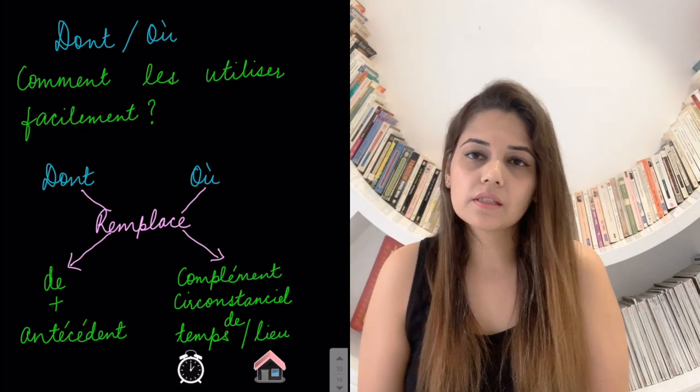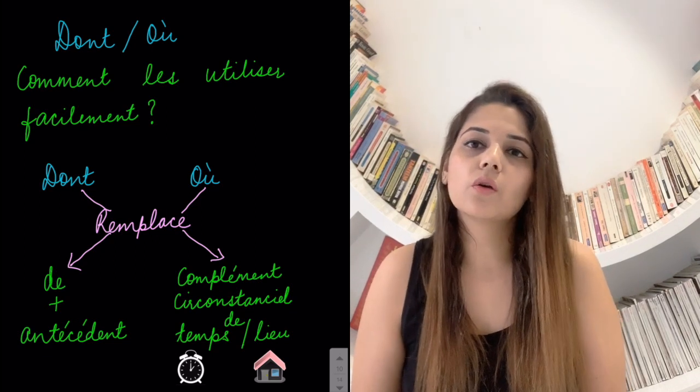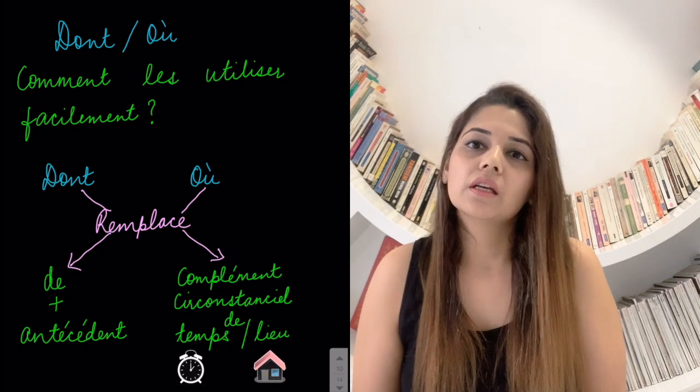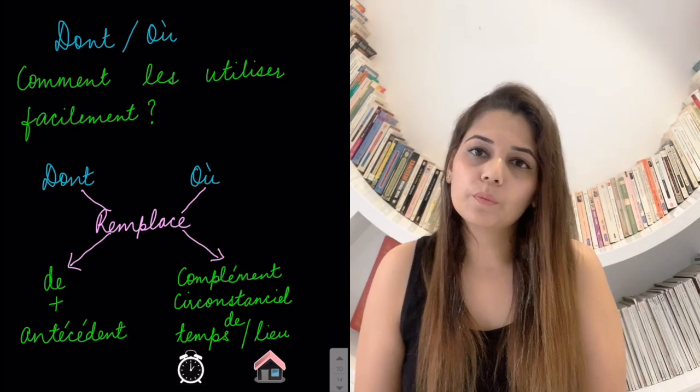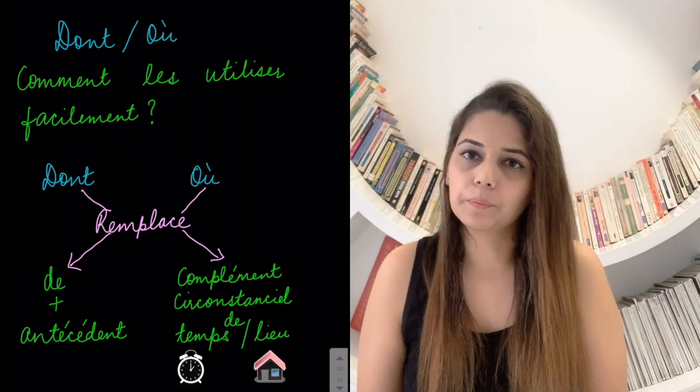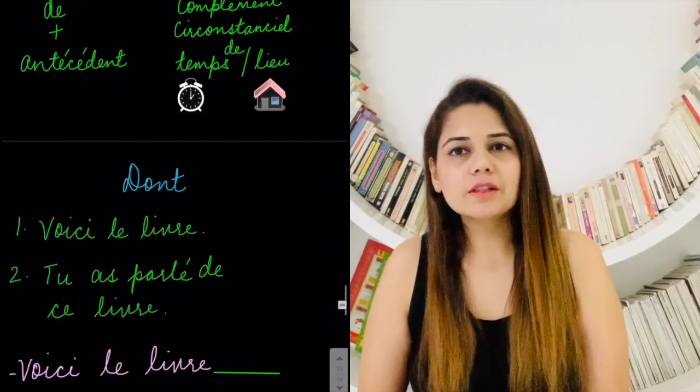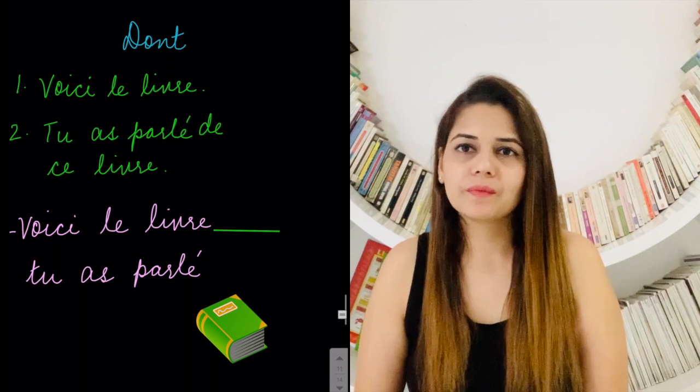Now what is an antécédent? We discussed it. It's a word or a group of words. A complément de lieu is the place, a complément de temps is the time. Now let's have a look at a few examples.